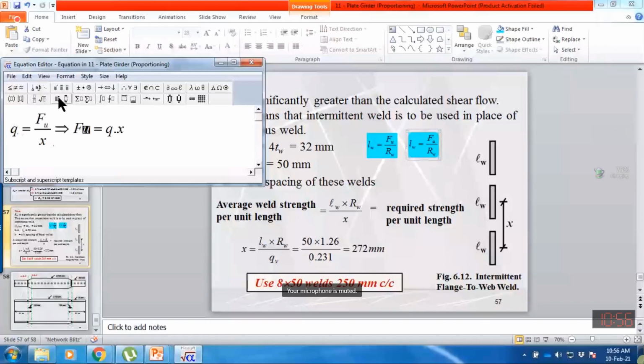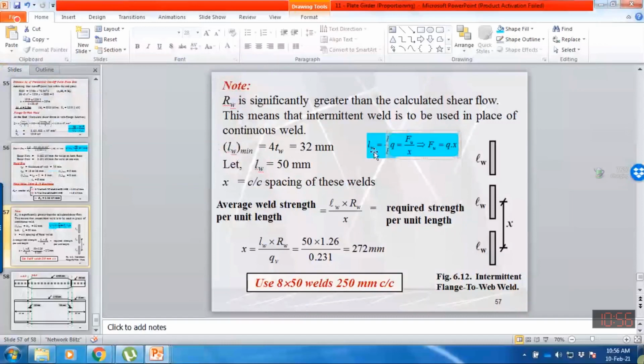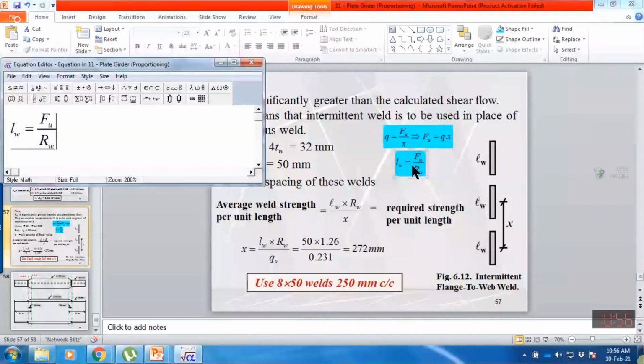So we have to use this formula, and our formula will become Q dot X. Okay, what are we doing and why have I explained this?